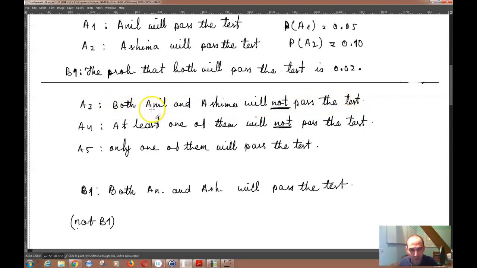When I say none of them, that means Anil doesn't pass the test and Ashima doesn't pass the test, and then put those two statements together using the connective and. In the same way you will get many different ways to think about this problem.